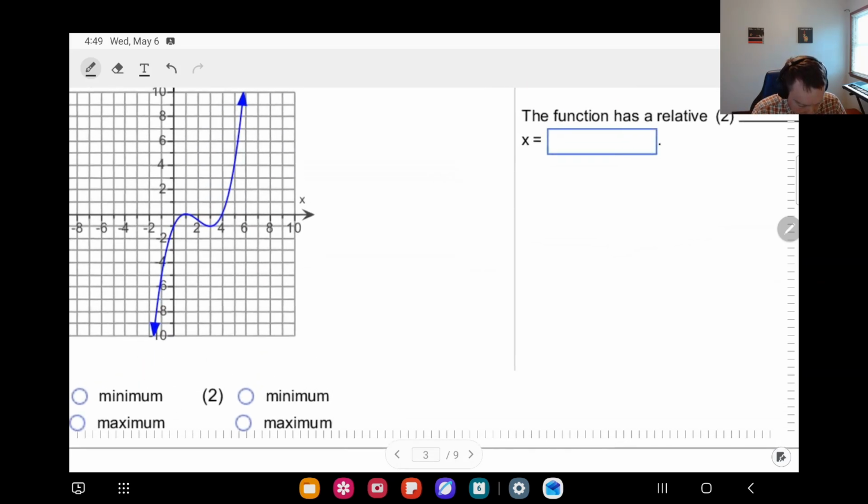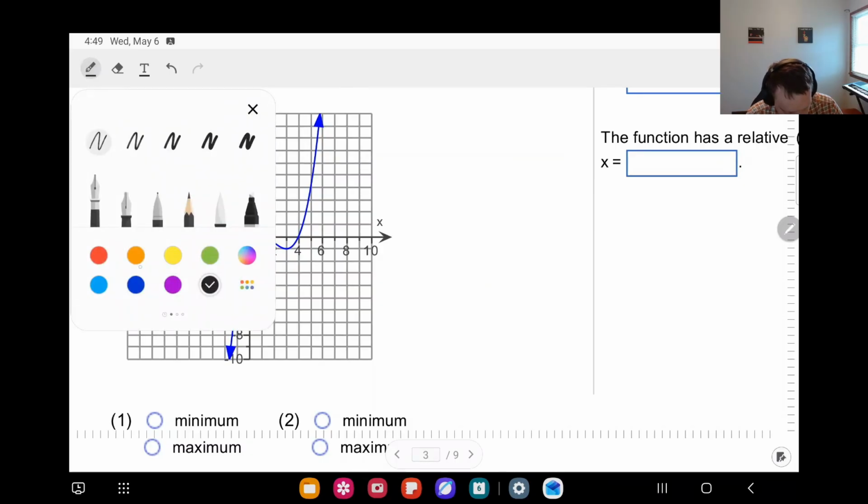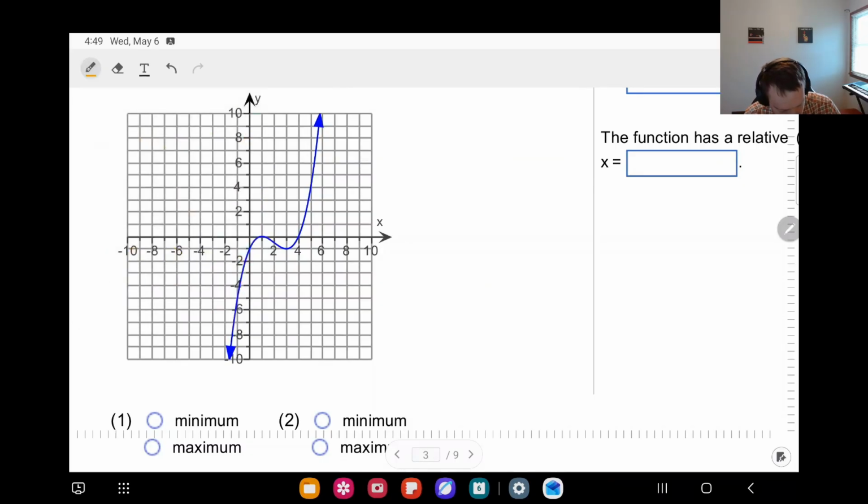Right, well, if we look at our graph here, and I hope that my drawing will stand out enough, we can see that's a high point there in its little neighborhood. That's a local maximum. And this right here is a low point. That's a local minimum. Or relative maximum, relative minimum, same thing.